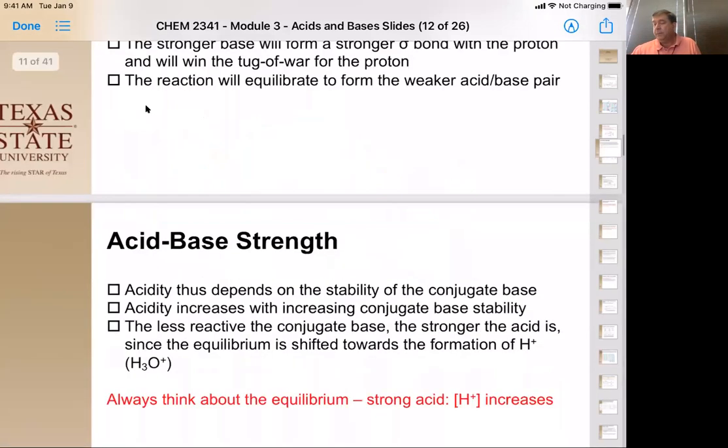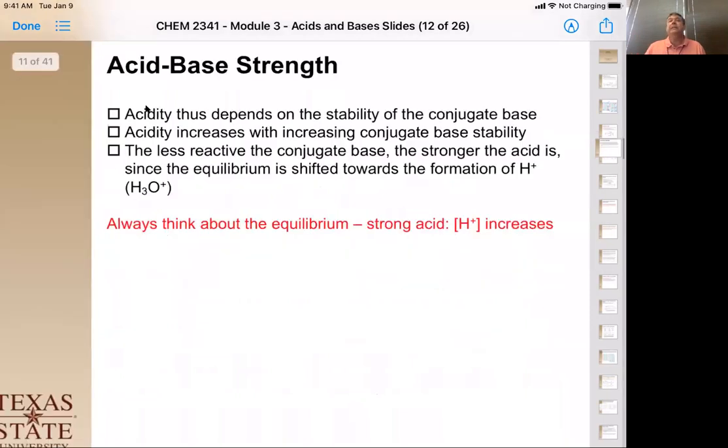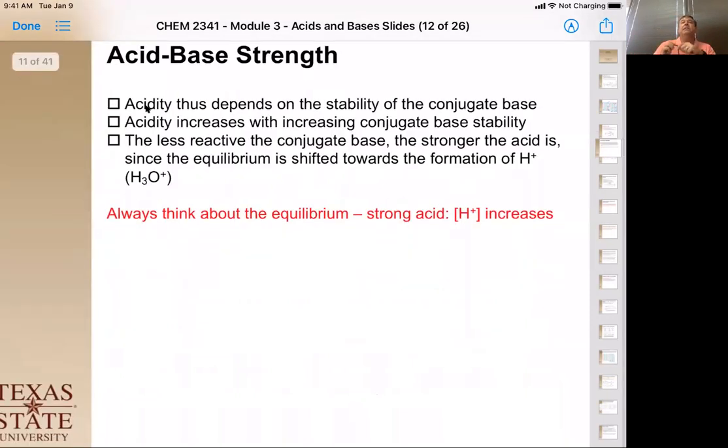All right, so that means acidity depends on the stability of that conjugate base. The more stable that conjugate base is, the more acidic that proton will be, because my conjugate base is going to be a very weak base, or it's going to be a delocalized base, or it's going to be nice and happy as that anion. So acidity depends on the stability of that conjugate base. Okay?